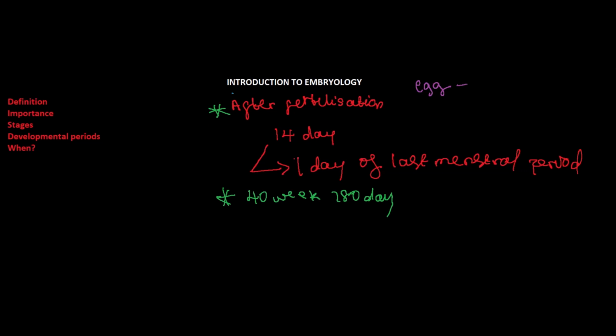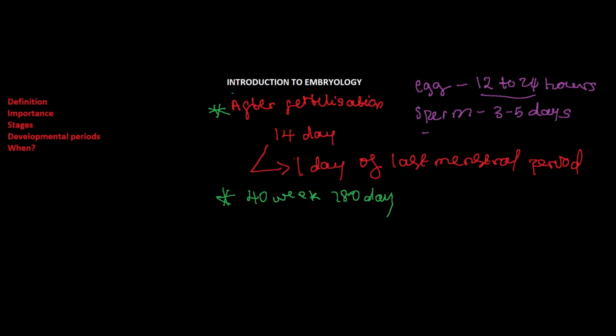And once the egg is released, it lasts only for 12 to 24 hours. Okay, so the egg is able to stay viable for just 12 to 24 hours. However, an ejaculated sperm is able to survive for 3 to 5 days in the reproductive tract of a woman.